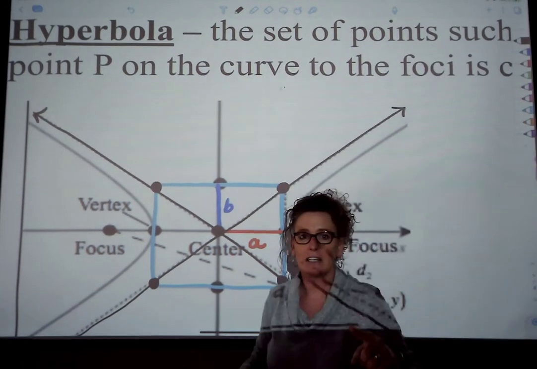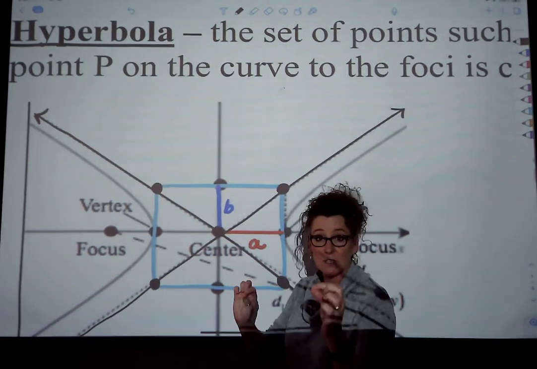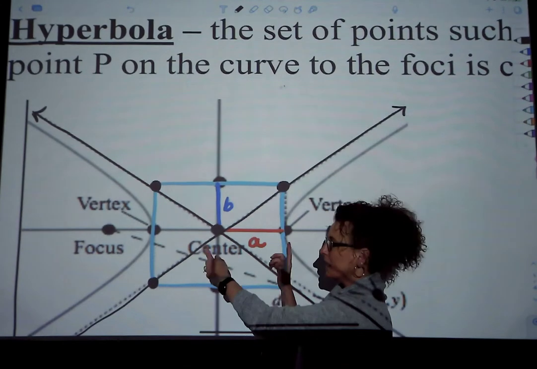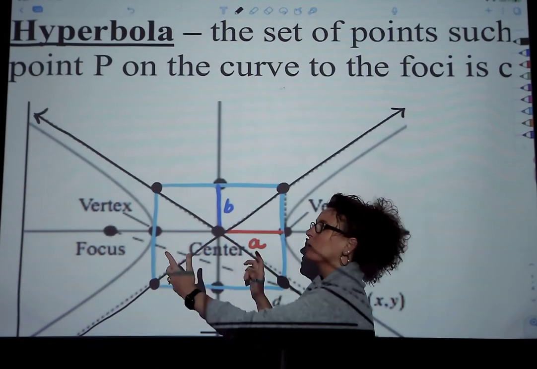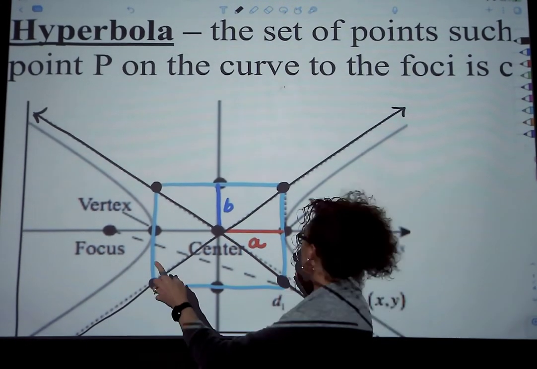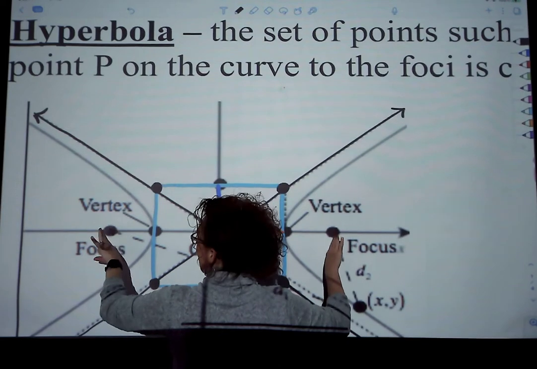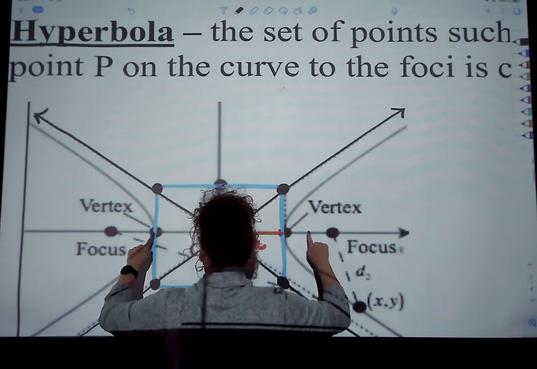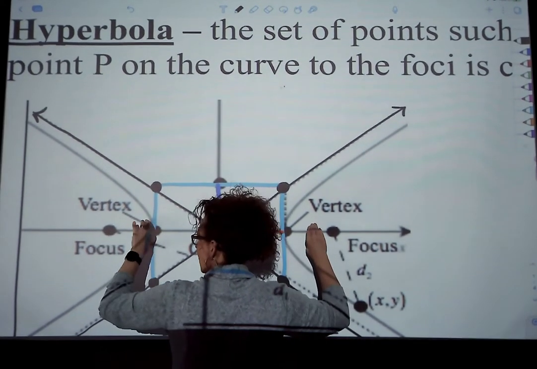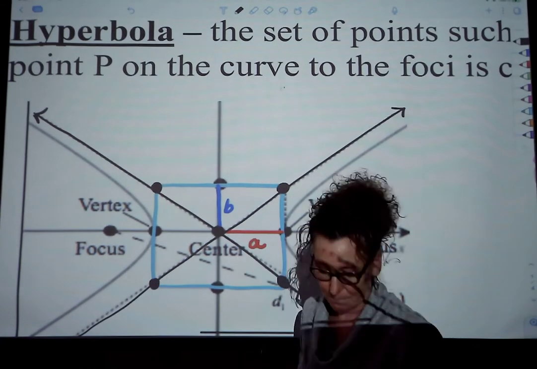So remember, in an ellipse, our foci were within our vertices. Well, not on a hyperbola. In a hyperbola, the foci are out here, out beyond the vertices, because our parabola has to wrap around them.